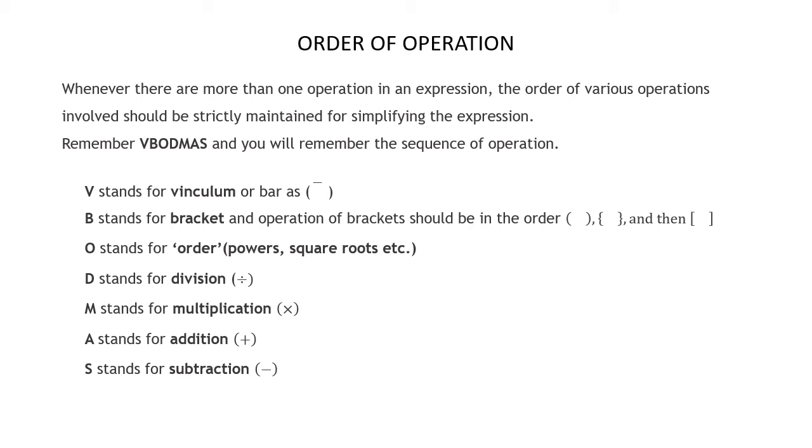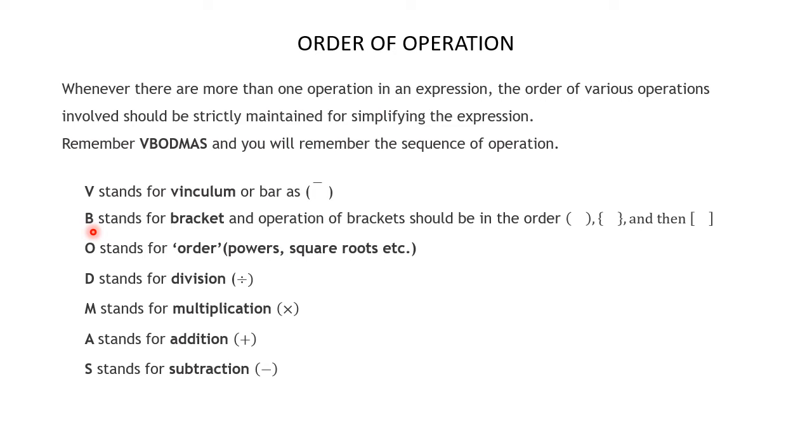Now, what does BODMAS mean? The letters in BODMAS stand for different mathematical operations. V stands for vinculum or bar, that is a line over a number.